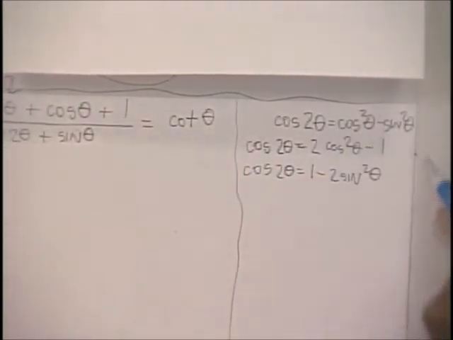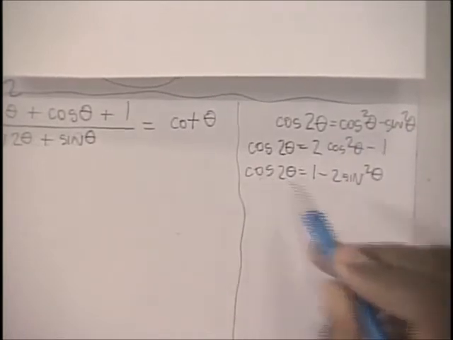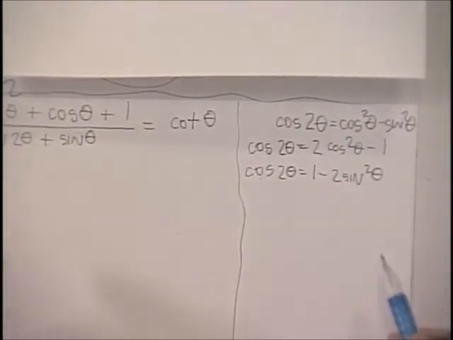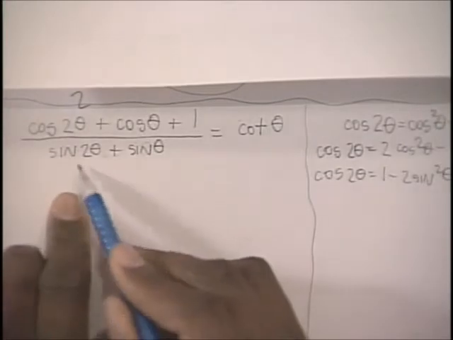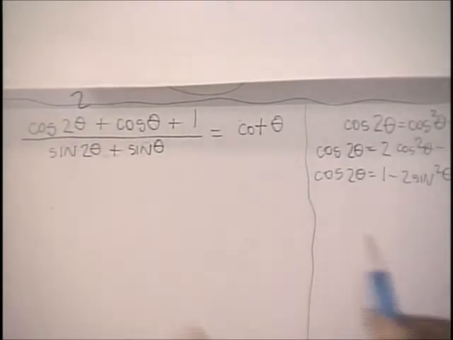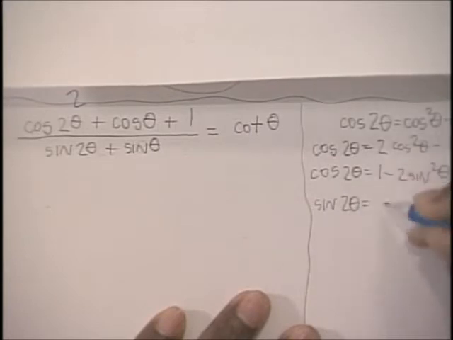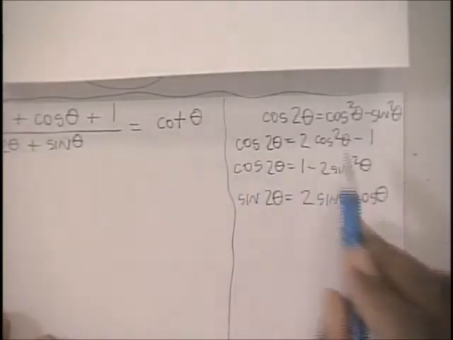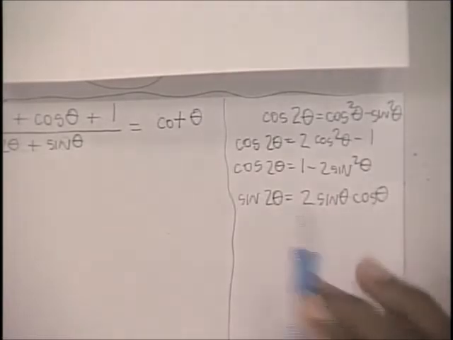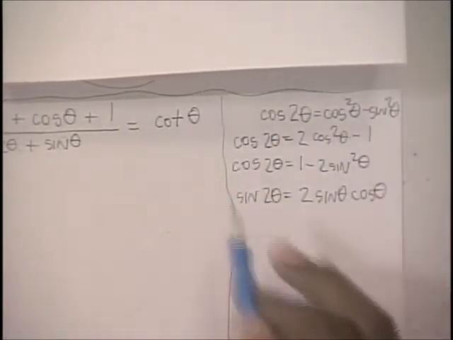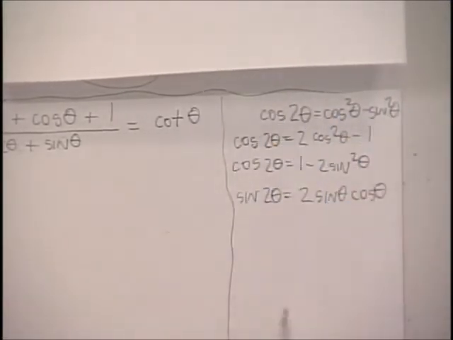Each of these is equal to the cosine 2 theta. Not only that, you'd have to go into the test knowing that the sine of 2 theta is equal to 2 sine theta cosine theta. Or, like I said before, some teachers would provide their students with this information.